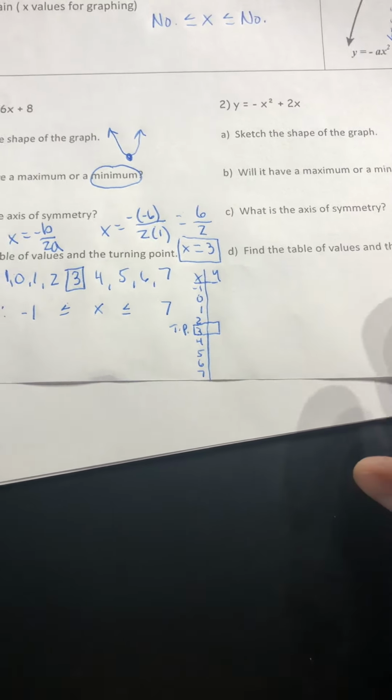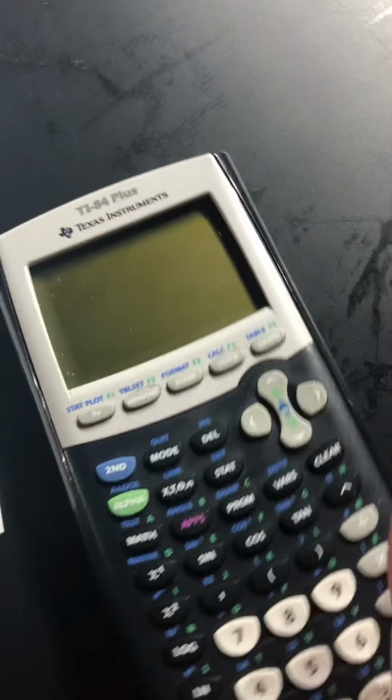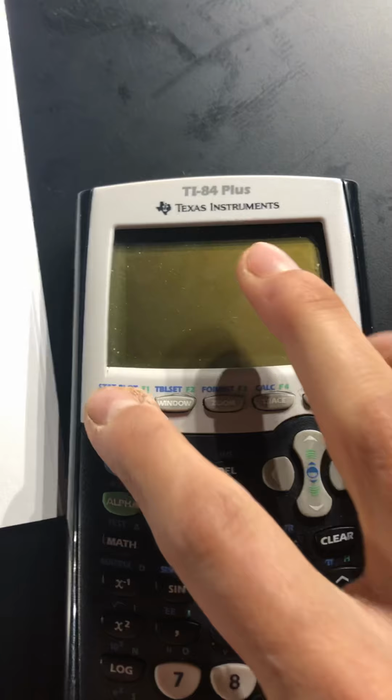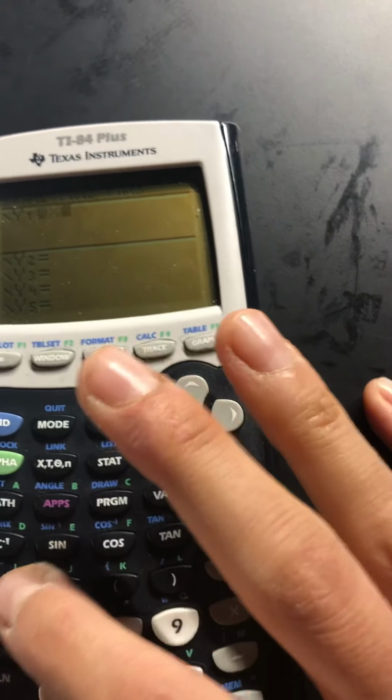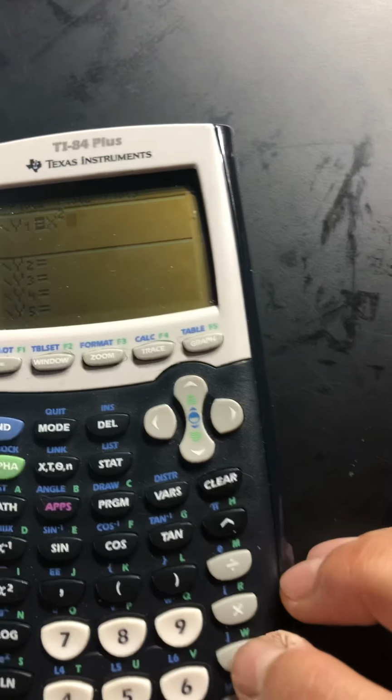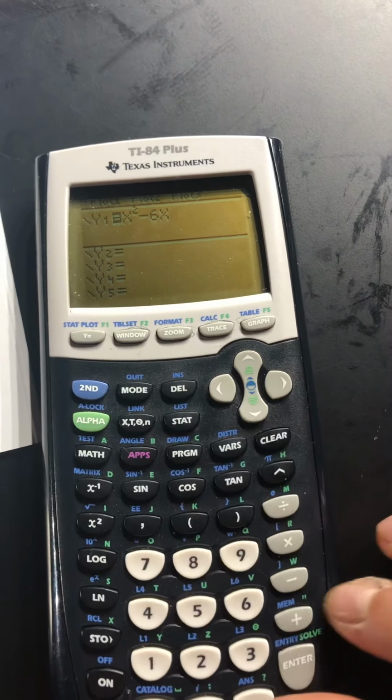So to use our calculator, I'm going to take our calculator out. I'm going to go to y equals. All right, so for y equals, I'm going to type in the equation, which is x squared minus 6x plus 8.